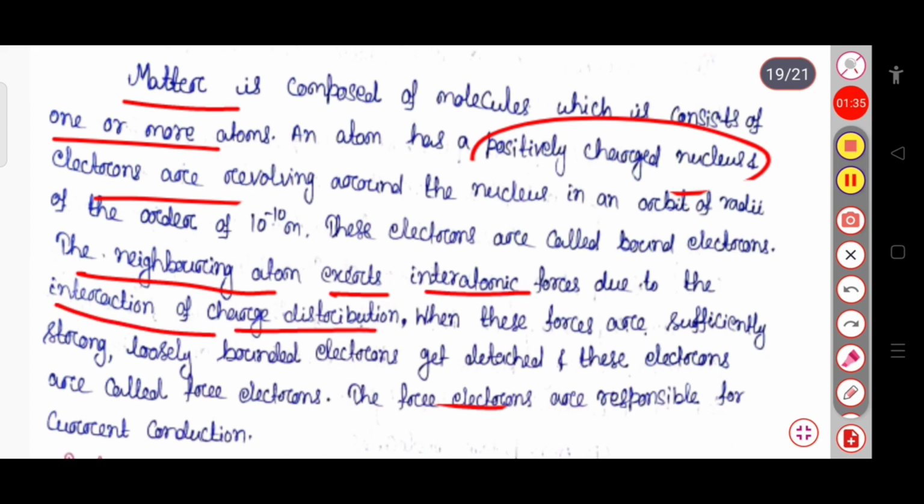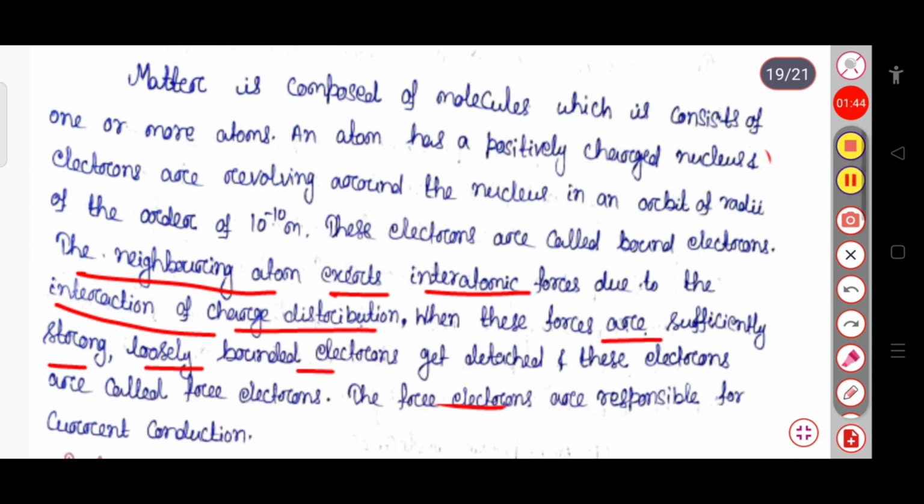When these interatomic forces are sufficiently strong, loosely bound electrons get detached and these electrons are called the free electrons. Suppose we consider there are two atoms, this is atom 1 and this is atom 2.